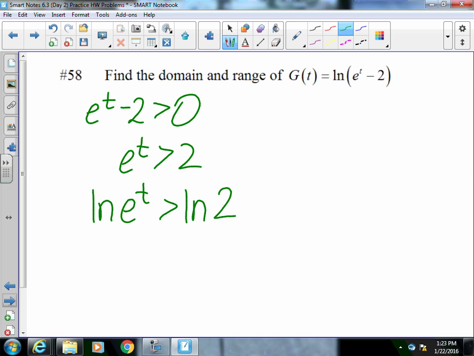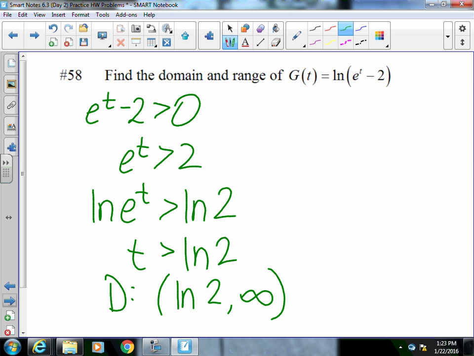If I take the ln of the left-hand side, ln base e of e to the t is equal to t. And the right side stays ln of 2, so I know that the domain of this function has to be from ln of 2 to infinity. This function was translated, right in this case.